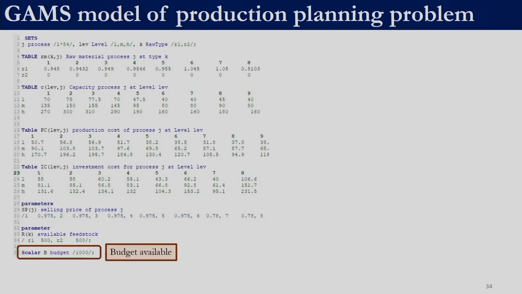Finally, we have this scalar which shows the amount of budget that is available, right. So, as of now what we have done is we have included only the data into the GAMS model file, right. Again, remember, here we are showing you only a cropped version. All of this runs all the way up to the 54 processes which we have.